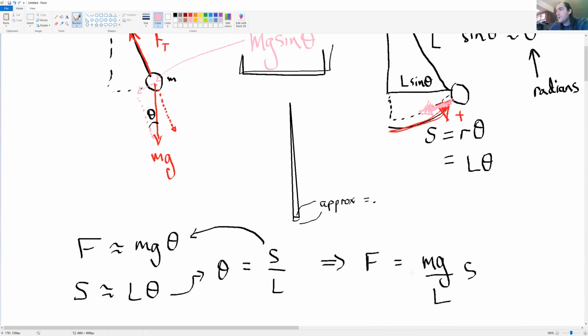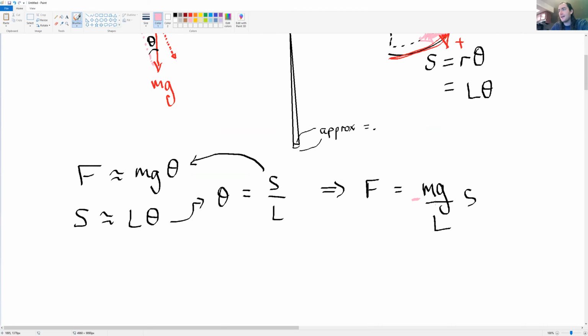So I should include a minus sign here. And if I include a minus sign, then I have an expression which looks a lot like what we just did. We have minus k and we have x. So we can instantly repeat all of the analysis we did before with k equal to mg over L.